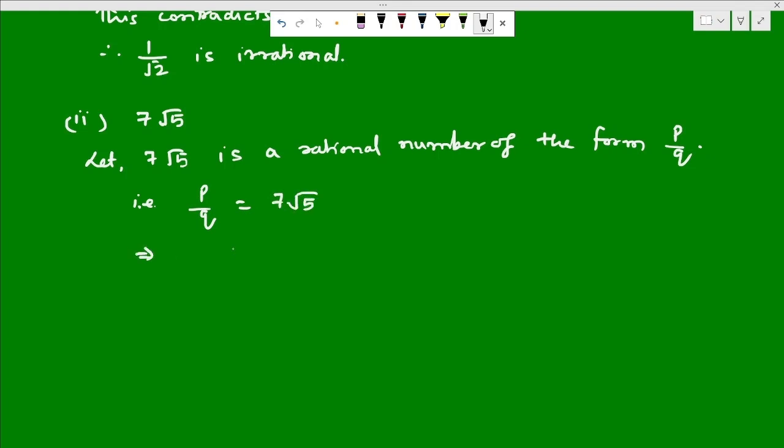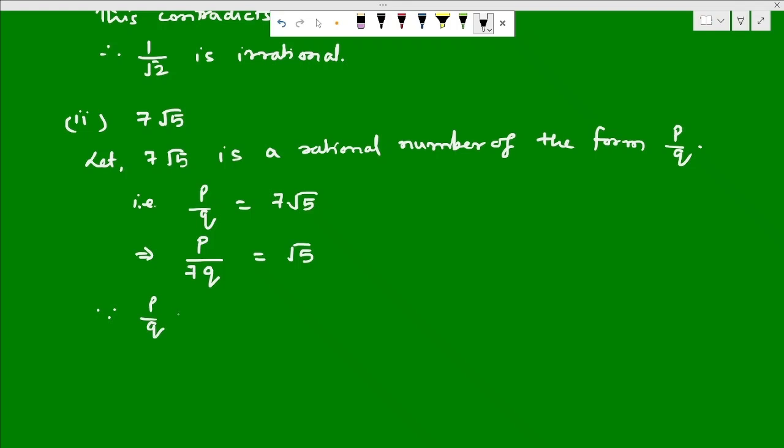Now simply transpose in such a way that on any one side, the irrational part becomes alone. So here we'll be transposing this 7 to LHS, so we'll be getting P upon 7Q, and in RHS we are left with the square root of 5 only, which is irrational. Now the statements are required.